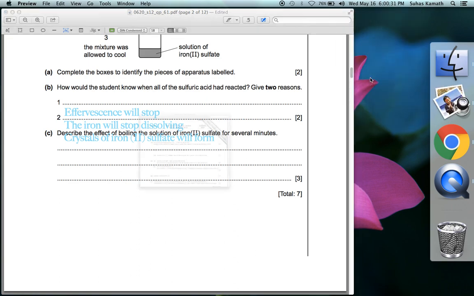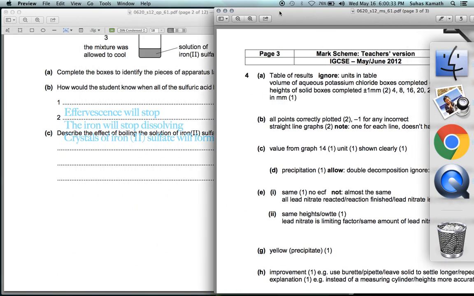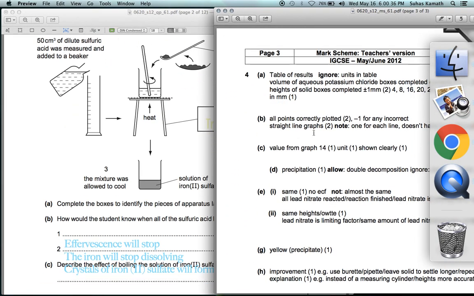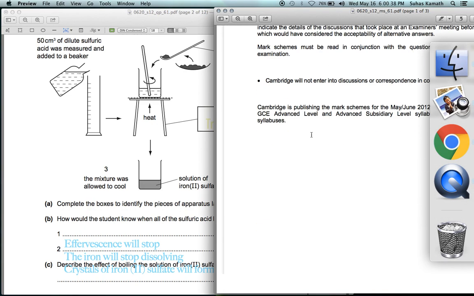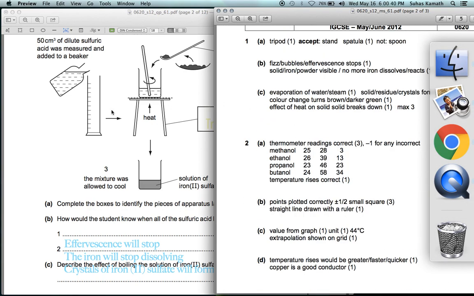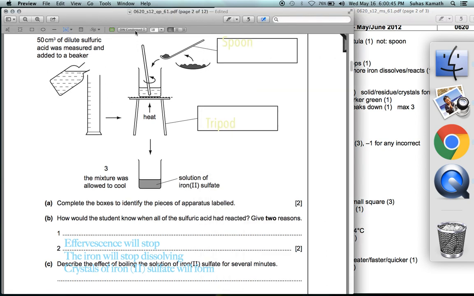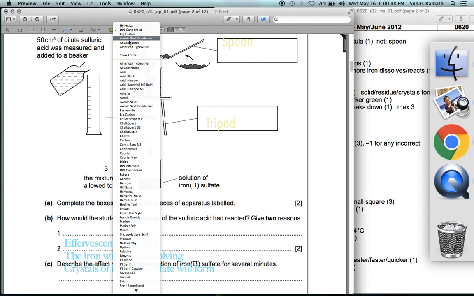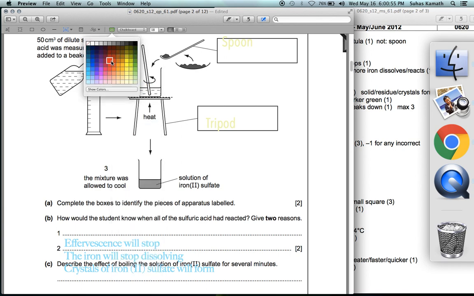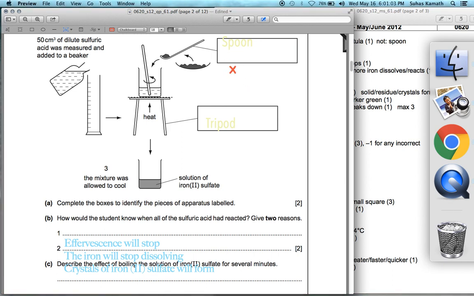So yes, tripod, and this is a spatula, so my answer is wrong. It's a spatula.